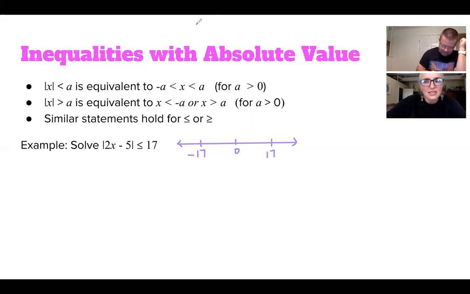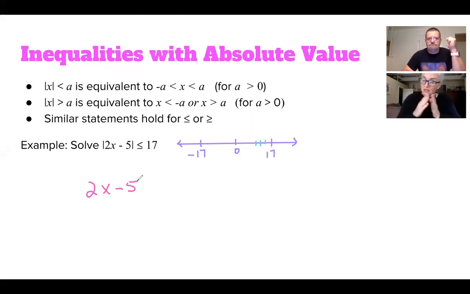Just to give you guys a visual of what he's saying, if we're going to be a distance less than 17, then we could be a distance of 16 or 15 or 14. What we can't do is be a distance of 18, because that would be a distance greater than 17. So from this direction, we want to be less than 17. And remember, absolute value means that we've got that negative side too.